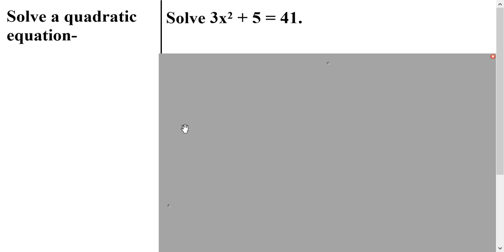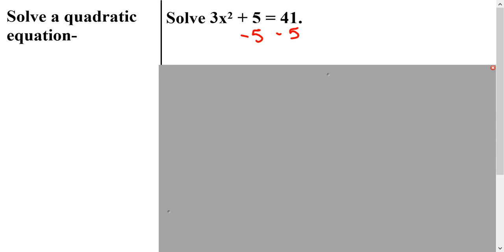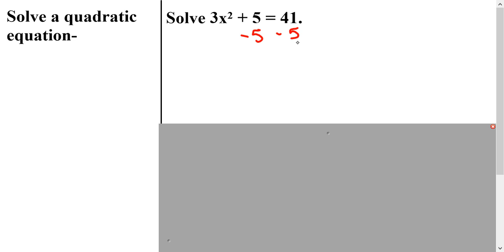So if you think of this as just a regular equation and you're trying to get x by itself, we would need to make sure that we try to get x by itself, so we would have to take 5 away from both sides. Okay, after that we would be left with 3x squared equals 41 minus 5, which would be 36.